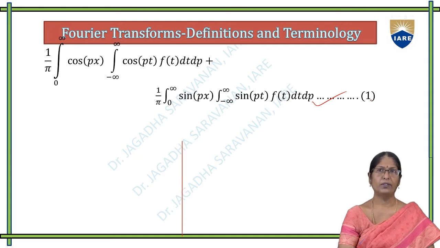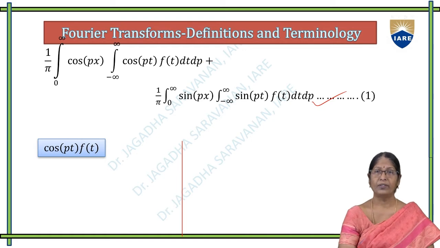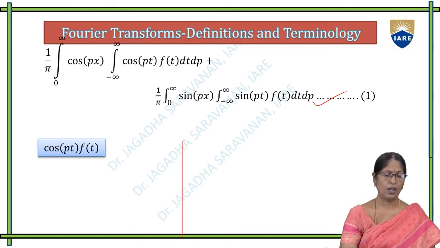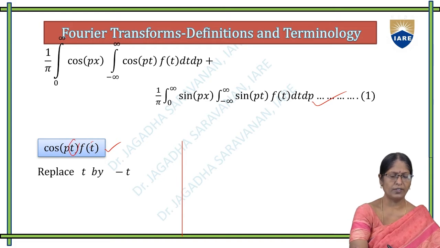Now, our aim is to define the Fourier sine integral formula from the Fourier integral formula. For that, there are some assumptions, the terminology subjected to our Fourier integral theorem. Take cos of pt f of t. We can see here this t is there.